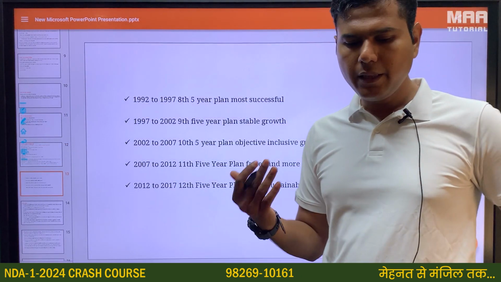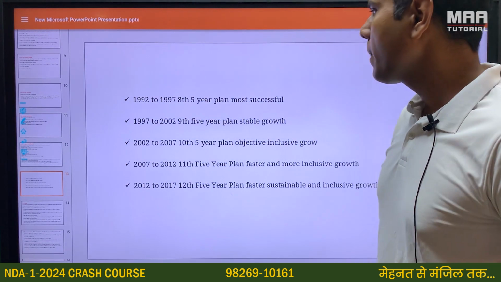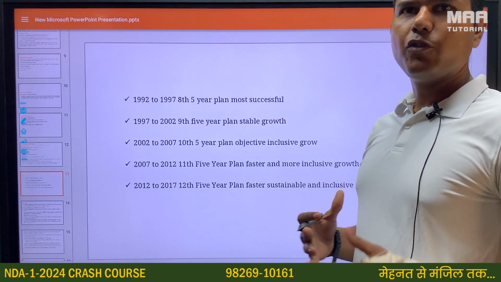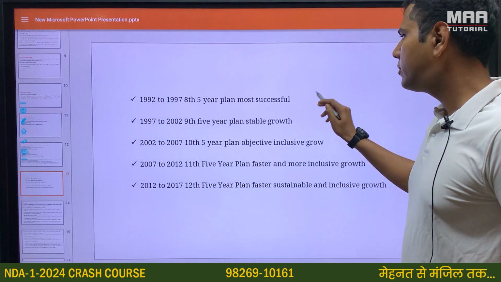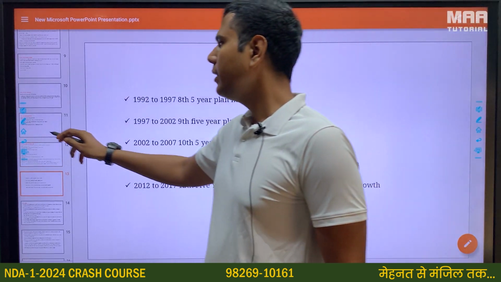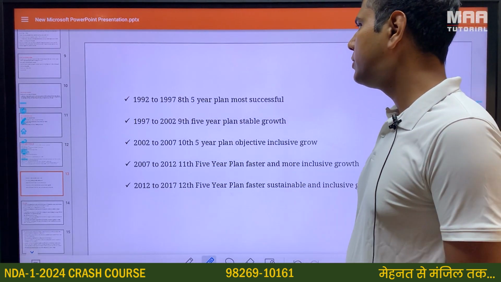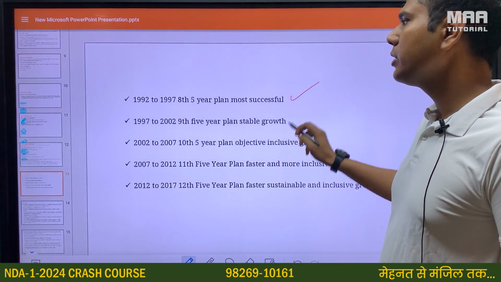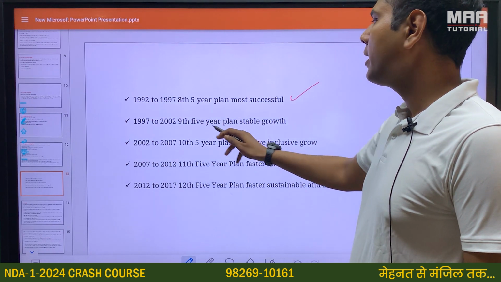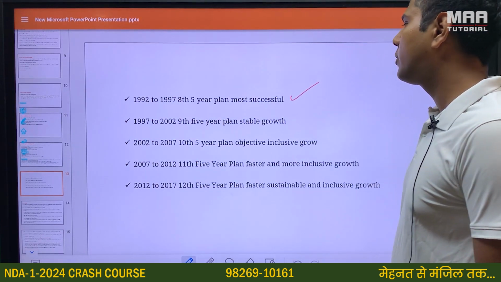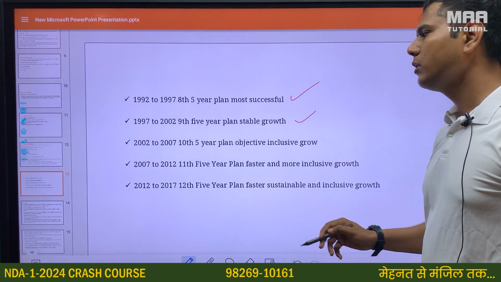Now, once this idea was introduced, our economy started performing very well, and 5-year plans were continuously introduced, and they were performing well. In 1992 the plan was introduced. It is considered the most successful plan. And again in 97 another plan was introduced. The objective was stable growth.